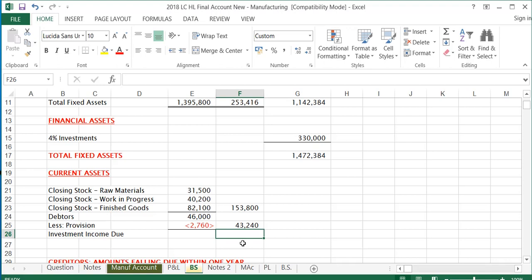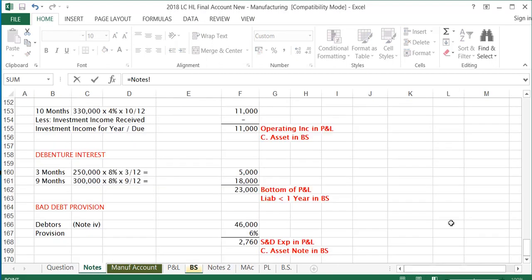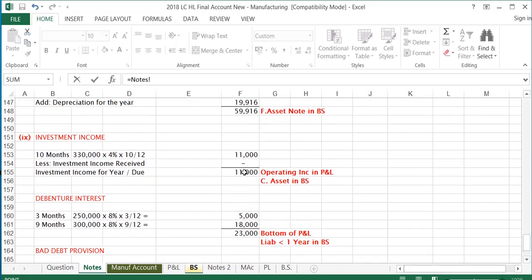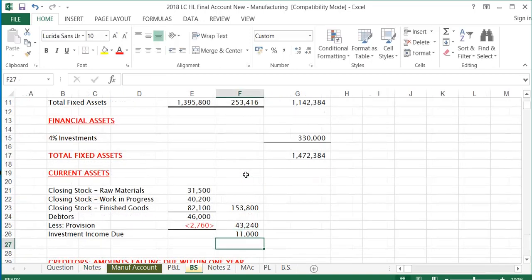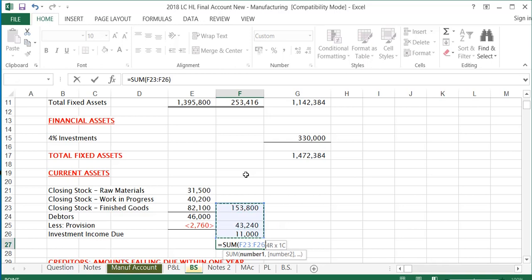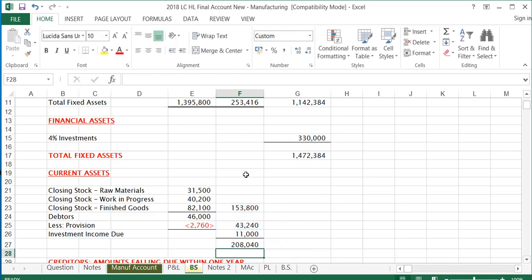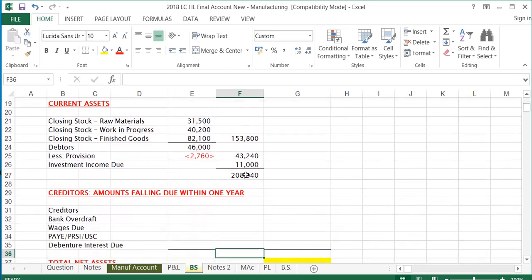And I'm also owed investment income, and I worked out that investment income due here at 11,000 because I haven't received any of it, so it's all still due to me. So in total, my current assets come to 208,040.